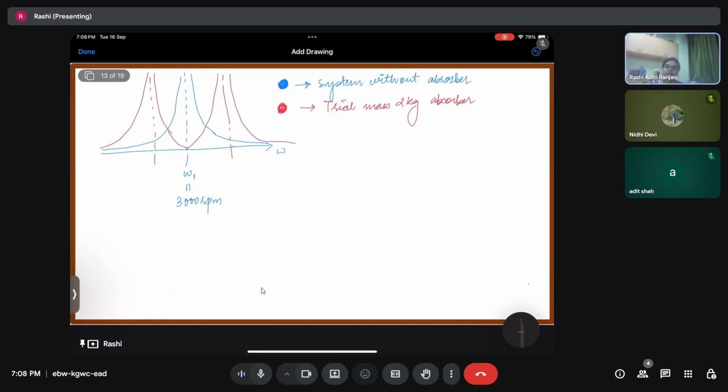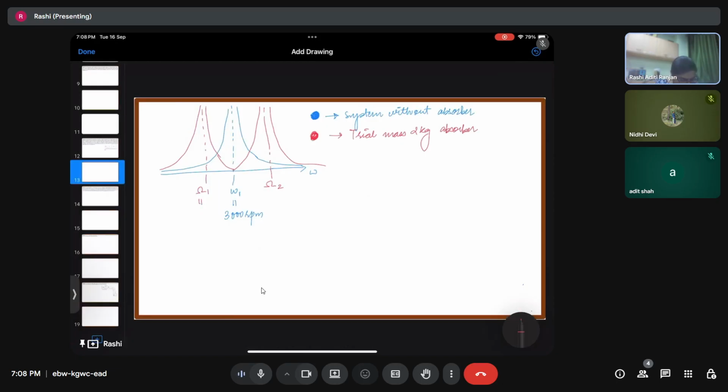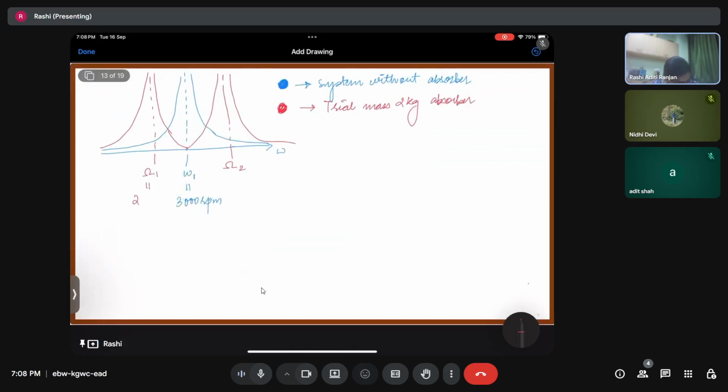These values are, I guess, 2500 and 3500, omega in RPM.